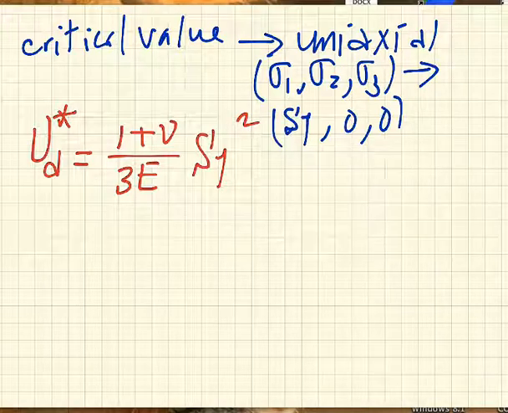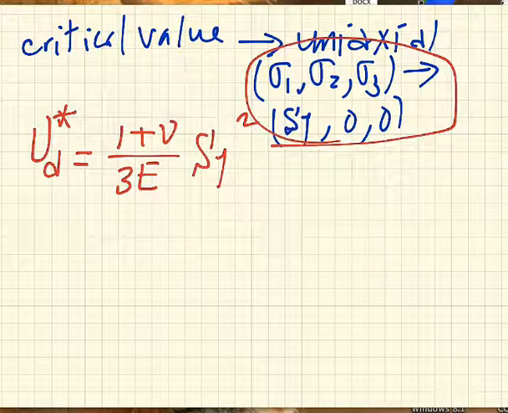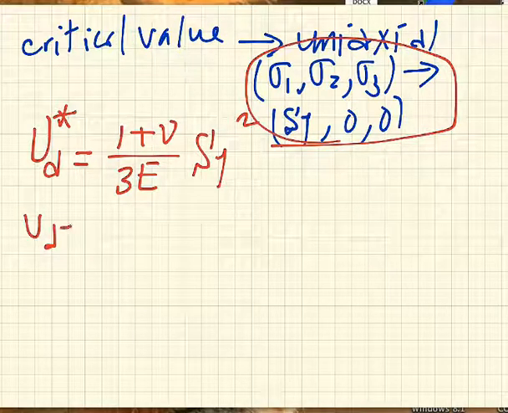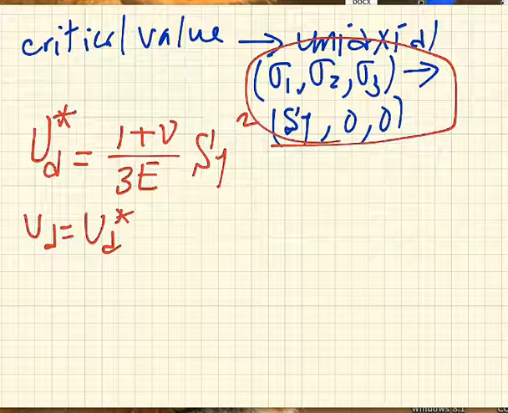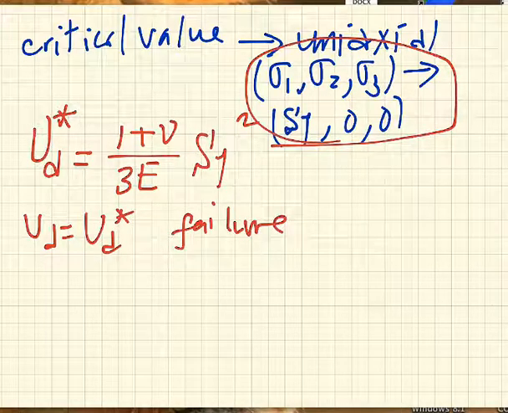And that is by just direct substitution with these conditions in the previous equation. And we say that when UD is equal to UD star, then we get failure. This is the yield condition that we have.